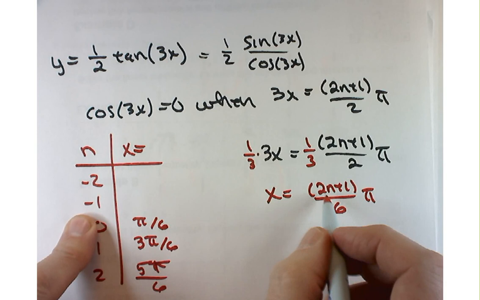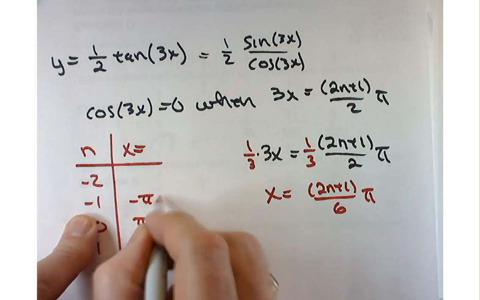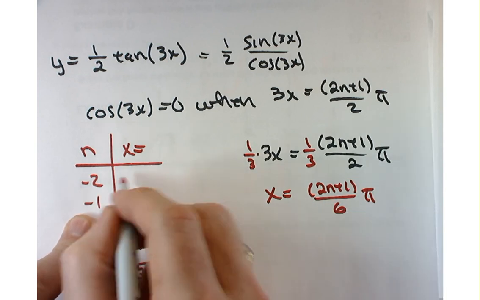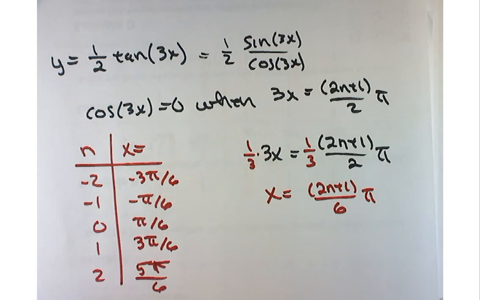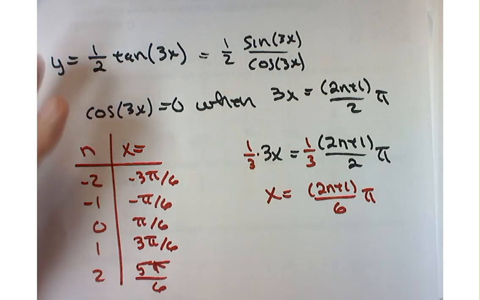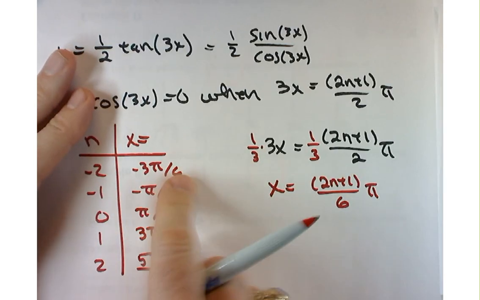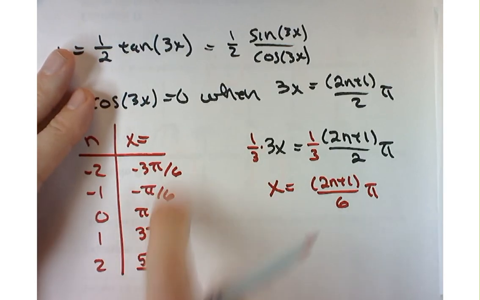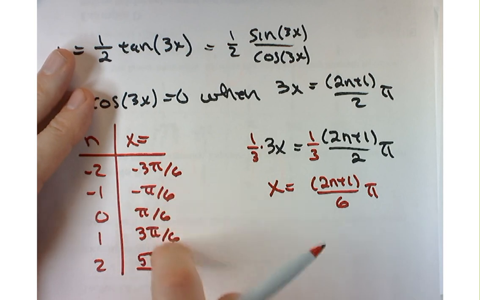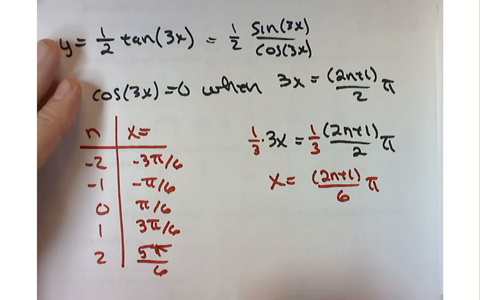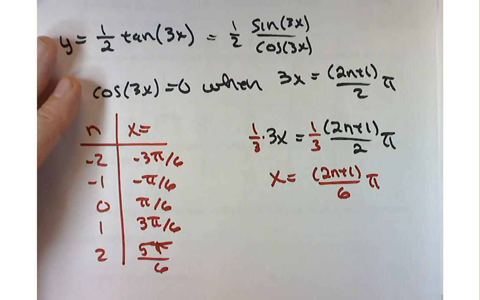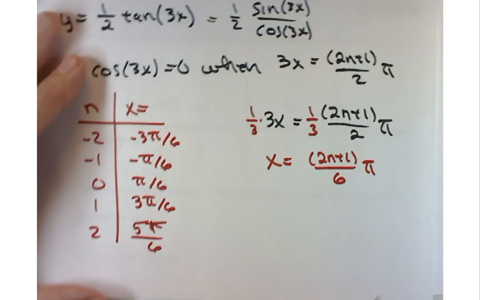Let's see. Negative pi over 6. And negative 3 pi over 6. So, now it's true that these reduce to pi over 2 and negative pi over 2 respectively, but for my convenience, I'm just going to leave them all in units of pi over 6, and that's the way I'm going to label my x-axis.